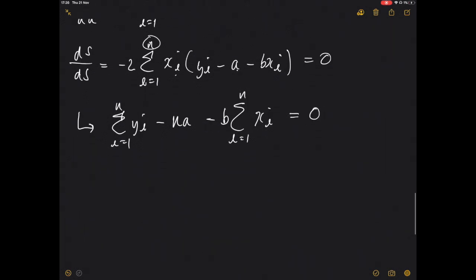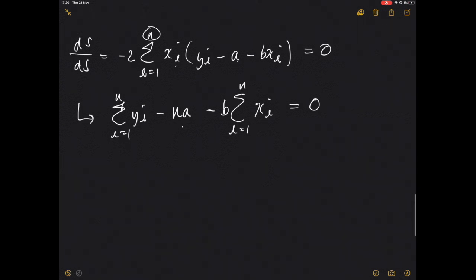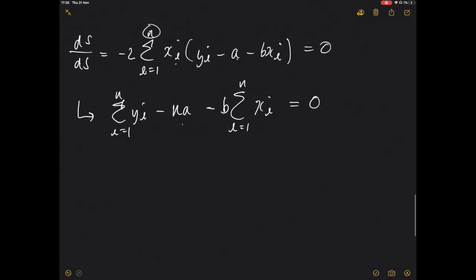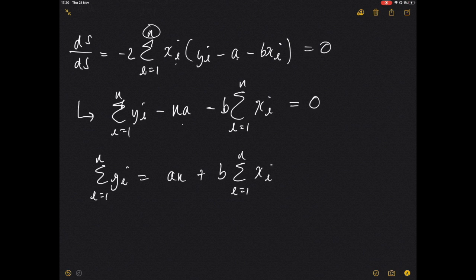Okay, so we're nearly getting this into a y equals mx plus c format. We can see we have the a, we have the b, we have a y, but we have the x too. So we could neaten that up to put it in terms of y. We could say sigma yi, i equals 1 to n, equals nA plus b sigma i equals 1 to n of xi.